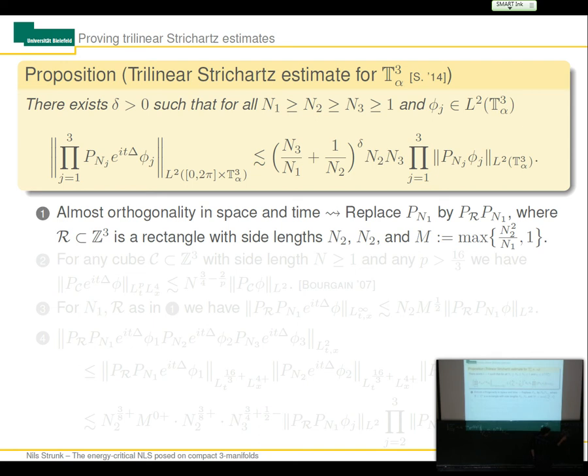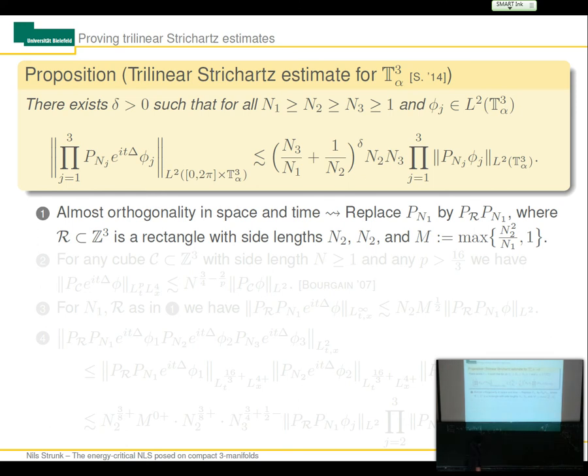This length is n2, this length is n2, and this size is only m, which is the maximum of n2 squared over n1 and 1. Okay? And actually, this is the point where we get the scaling critical part of this estimate. So the n3 over n1 term, we gain from this, and this is responsible for the subcritical part. It's this plus 1 over n2. Okay, so we only have to consider this rectangle.